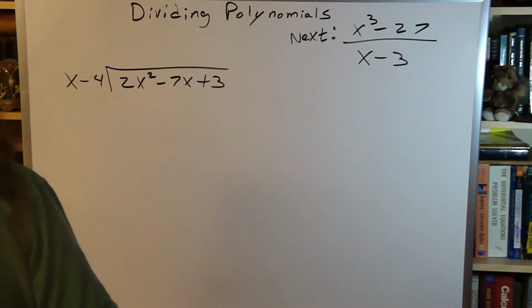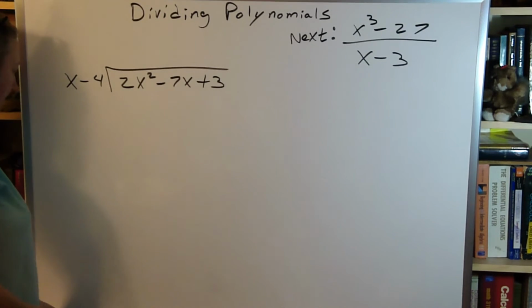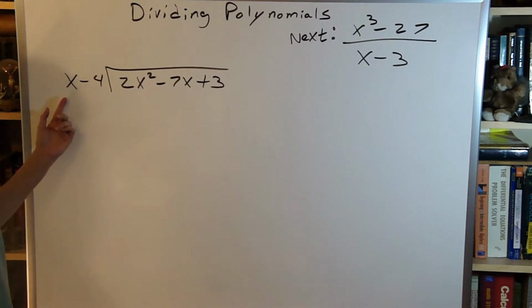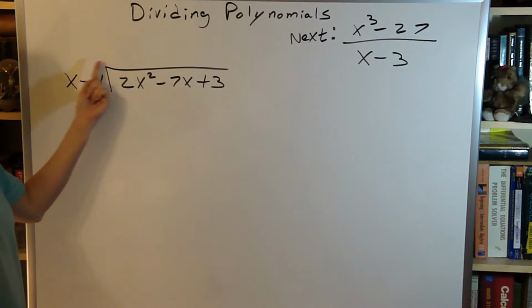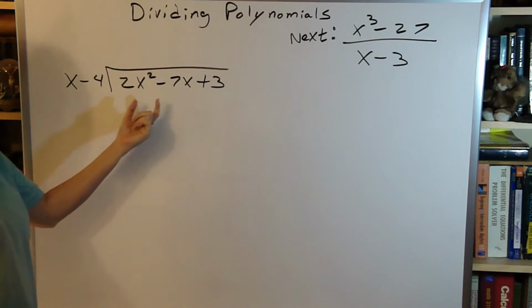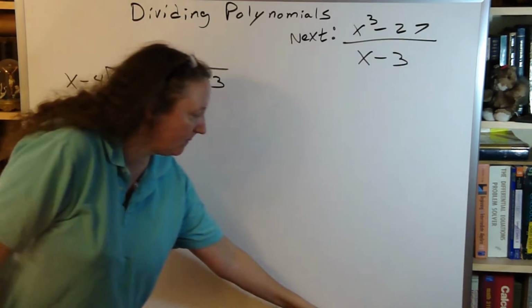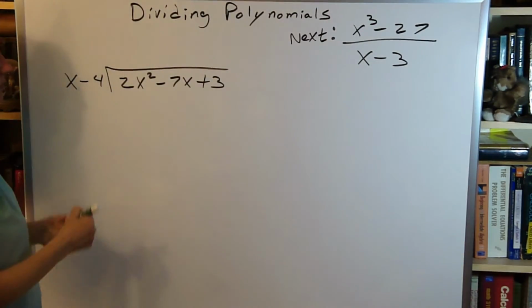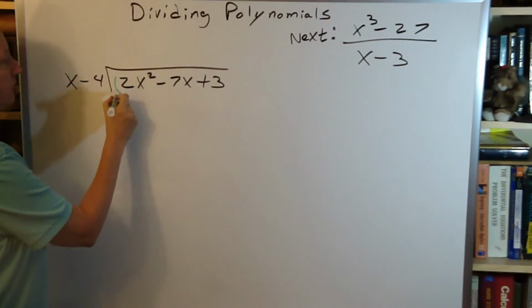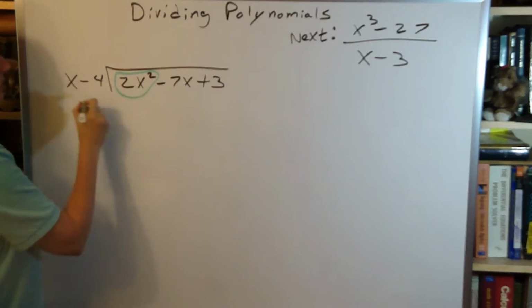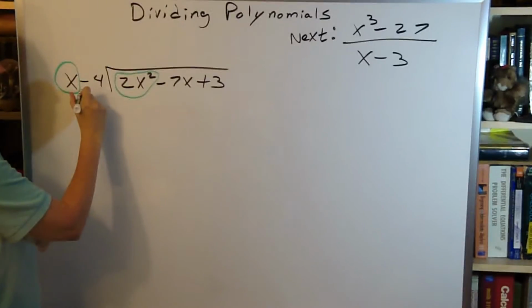Dividing polynomials. We have x minus 4 divided into 2x squared minus 7x plus 3. First thing you want to do is take your first term, divide it by your first term.